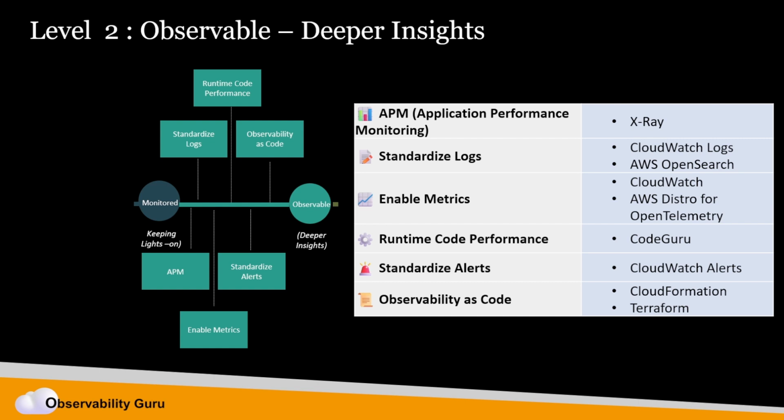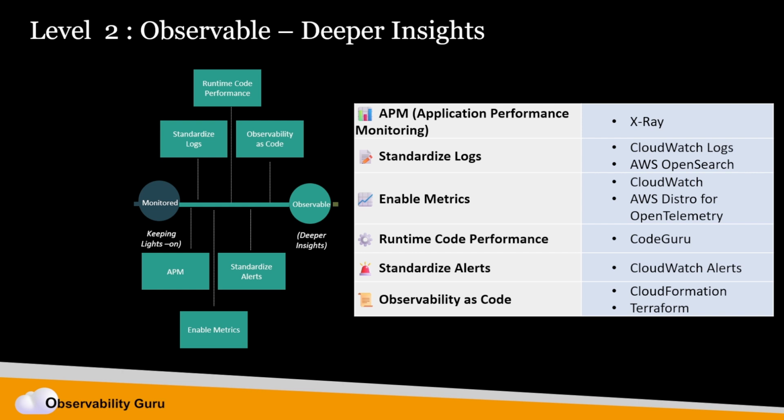And here we will first try to enable APM, application performance monitoring, and we are able to leverage things like X-Ray or even integrate with OpenTelemetry to enable APM. And then we'll try to standardize logs.